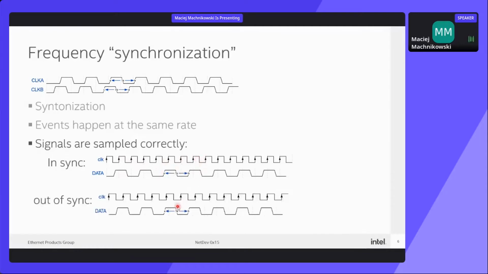And in case they are out of sync, then we will sample data correctly for some time, but then we can get samples from undefined states when the data transitions, or even completely miss some data in between the clock signals.